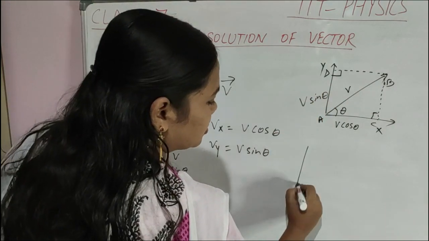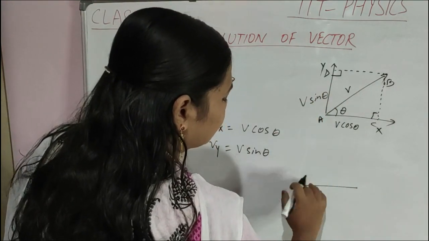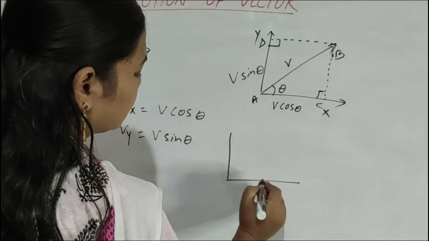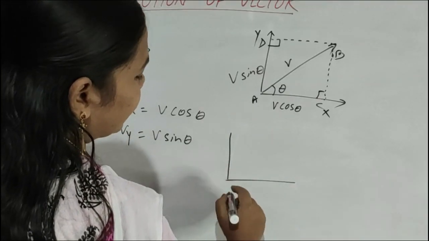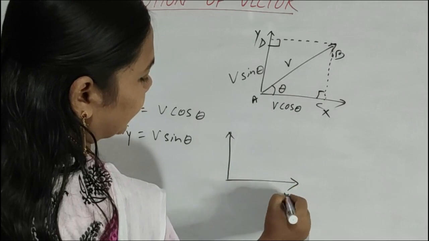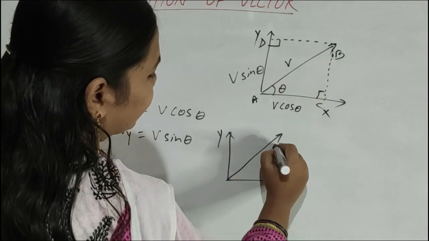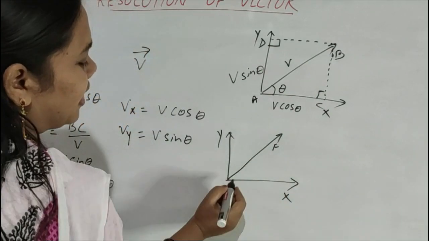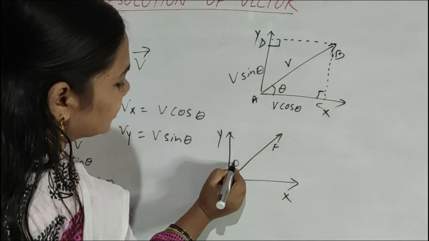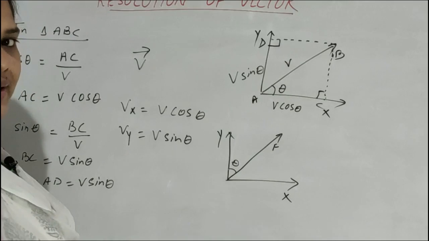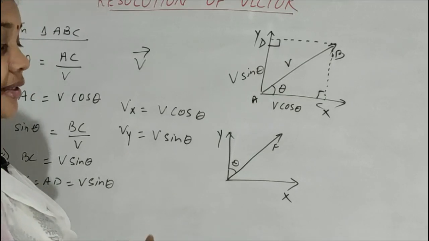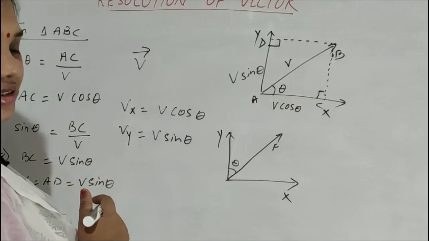You can see, suppose the diagram is like this, x, y. Suppose this is a vector F, and the angle theta is here. Then where will the cos be?